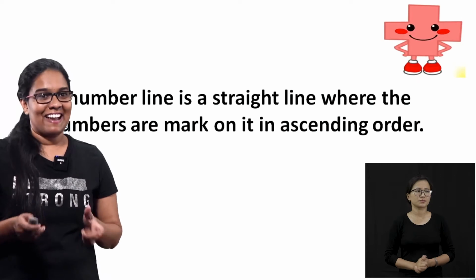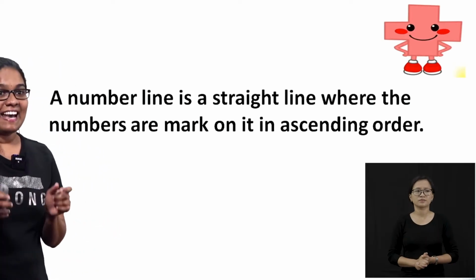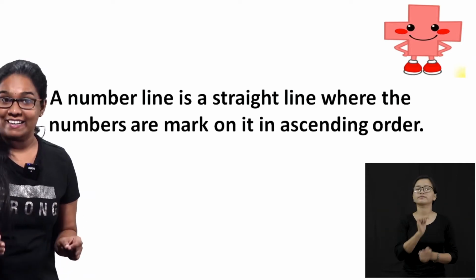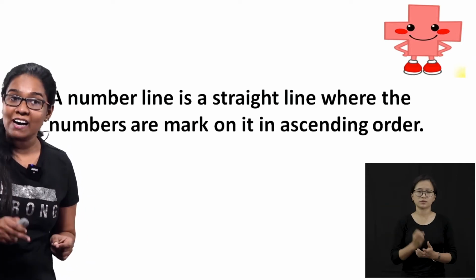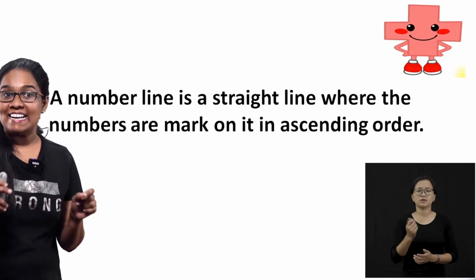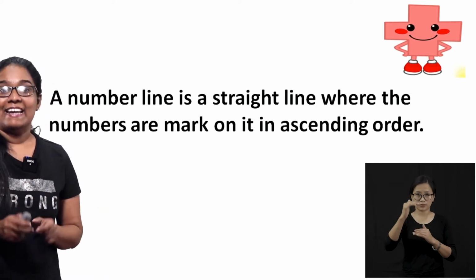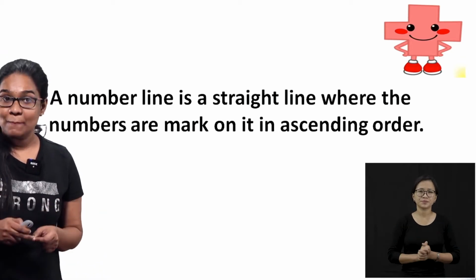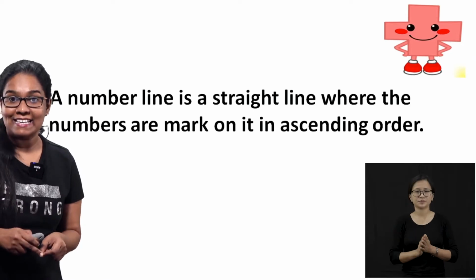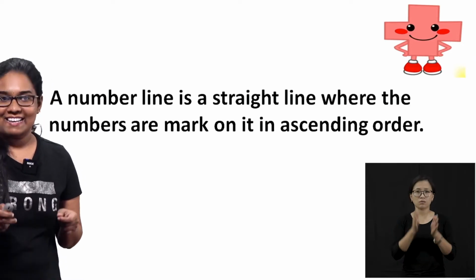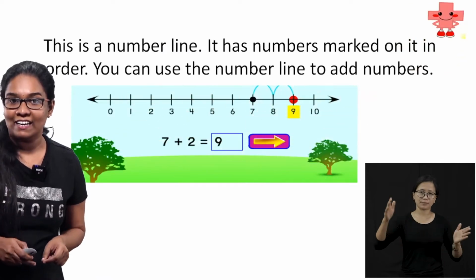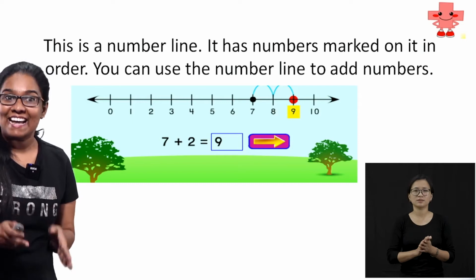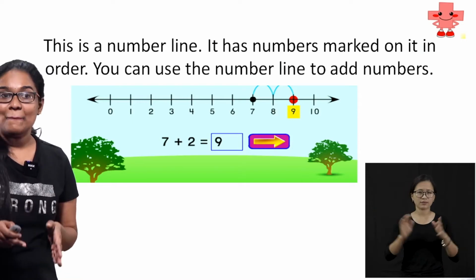Listen carefully. A number line is a straight line where the numbers are marked on it in ascending order. This is a number line.